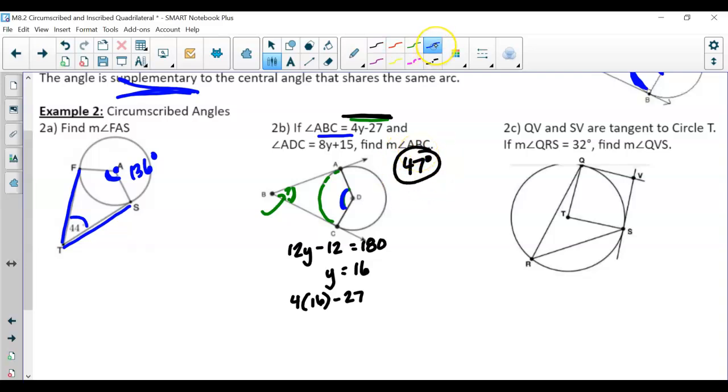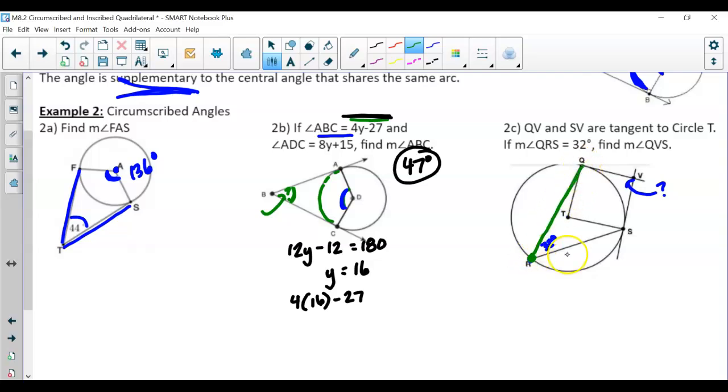So then here, QV and SV are tangent. QRS, so this angle here, notice that it's our inscribed angle, is 32 degrees. We're going to find the measure of angle QVS, which is here, our circumscribed angle. Well, we're starting with an inscribed angle, right? It's on the circle.